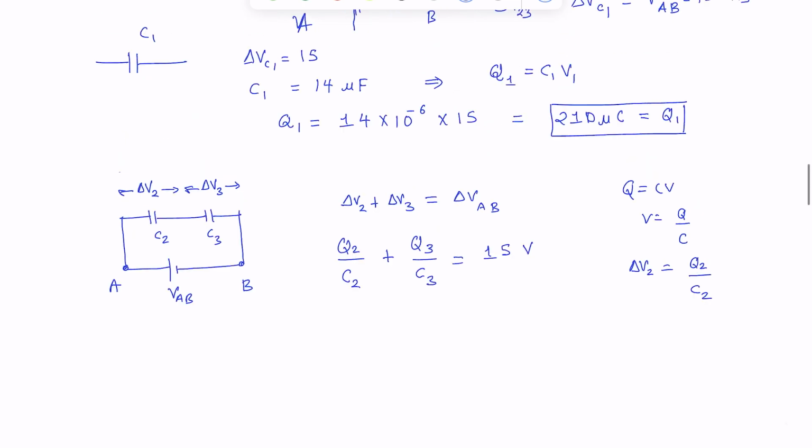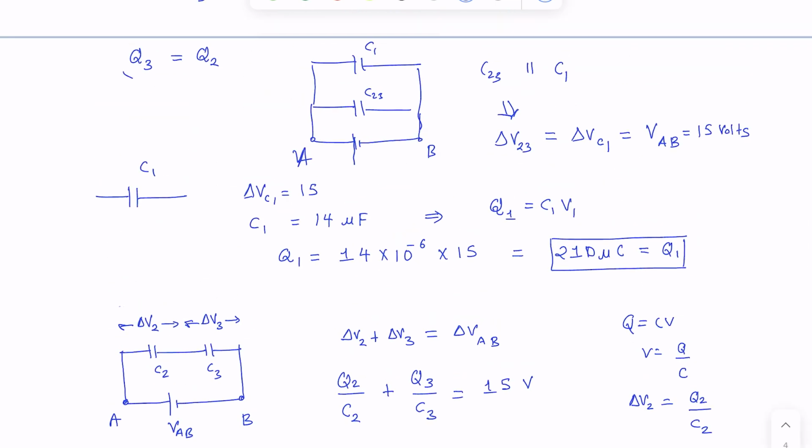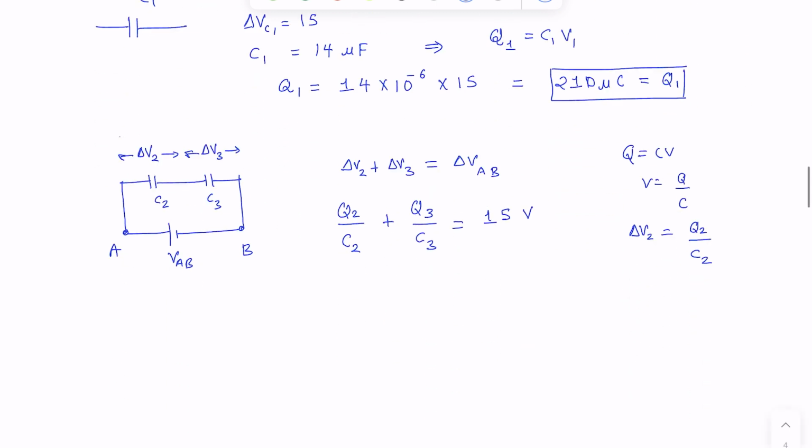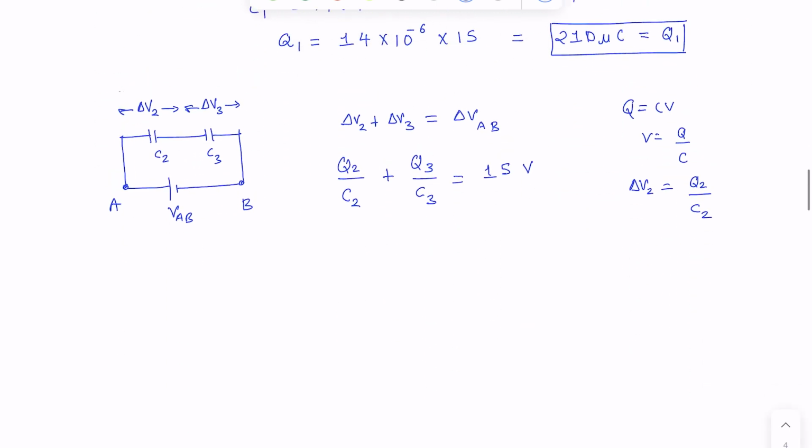But we have already seen that because 2 and 3 are in series, the charge on them will be the same, so I can replace one with the other. Let's say Q3 equals Q2, so I'm going to use it here. It's going to be 15. And if you solve this, you'll get that.